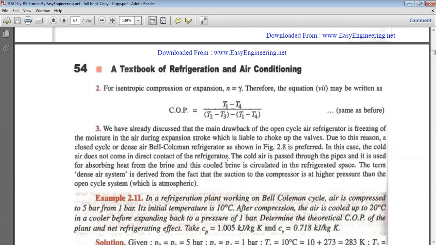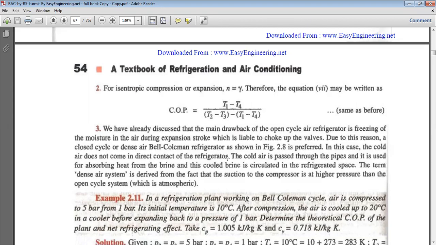In a closed system, the discharge pressure or suction pressure can be more than atmospheric pressure. Whenever I use more than atmospheric pressure, the pressure ratio increases, and when RP increases, the COP increases. Therefore, it is more advantageous.